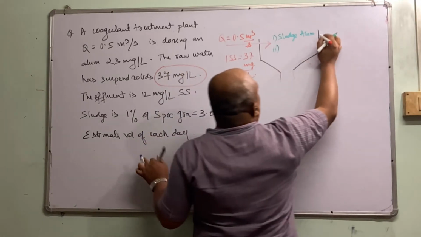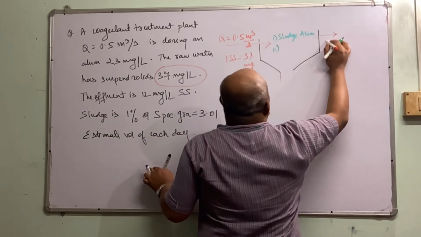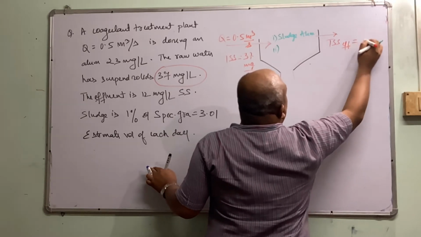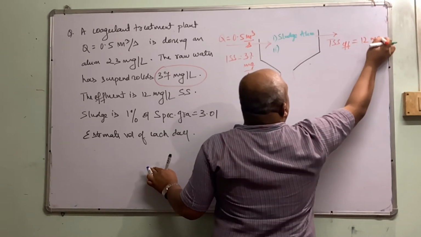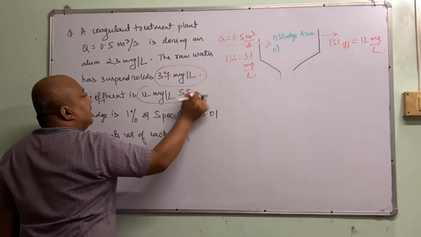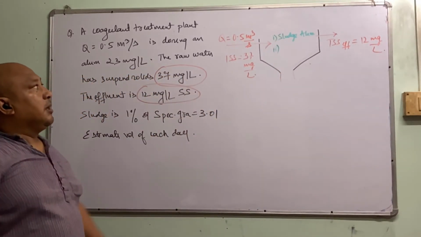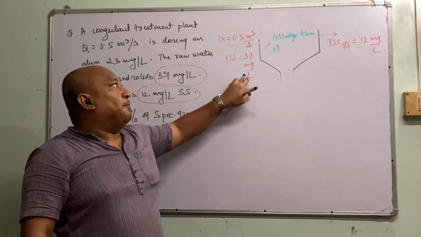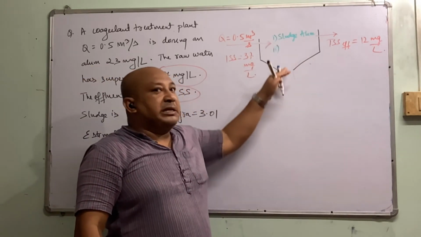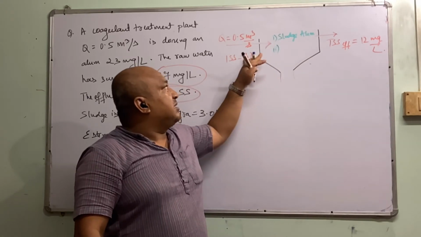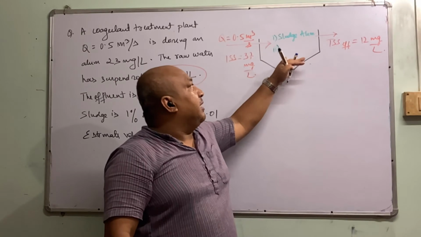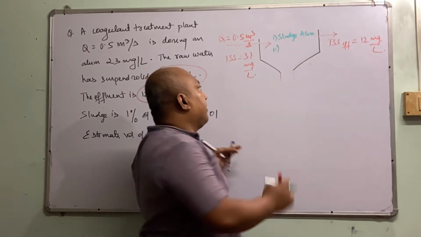So when it goes out, it goes with TSS effluent equal to 12 milligram per liter. Because of 37 milligram per liter, due to a particular hydraulic retention time, some part will settle down. So 37 is gone, 12 is coming out. That means 25 milligram per liter has been settled over here.